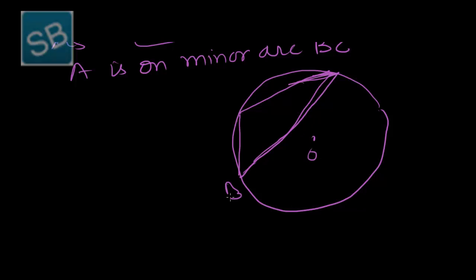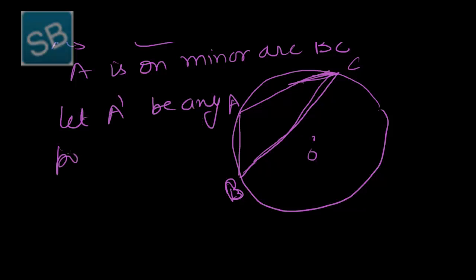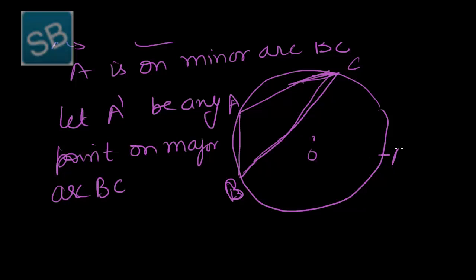This is B, this is C, this is A. So A is lying on the minor arc of BC, and let A dash be any point on the major arc BC. That is, A dash is here.